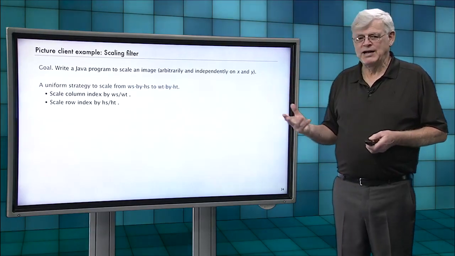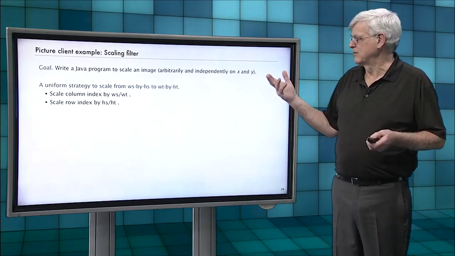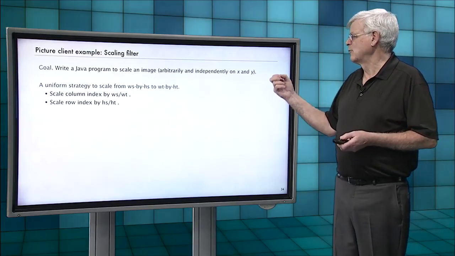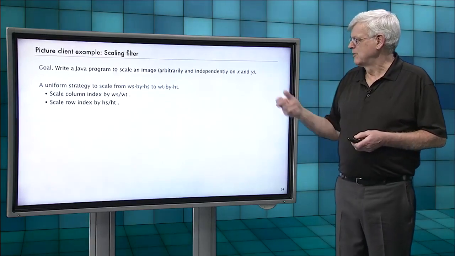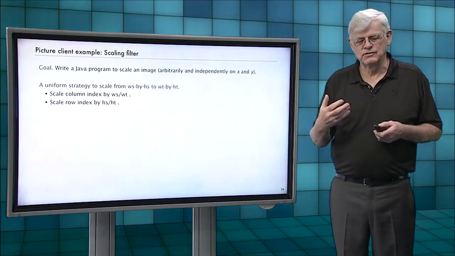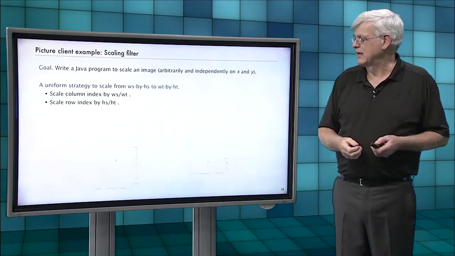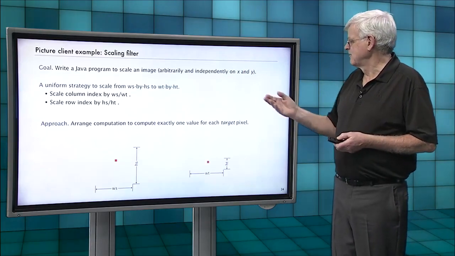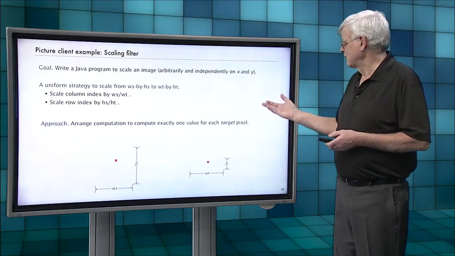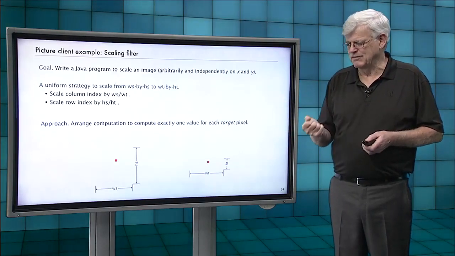And so here's a strategy that will get this scaling done. If we've got our source width by height and our target width by height, what we're going to do is take the ratios of those differences to get ourselves a column and row index. But the key thing is to set up the computation so that we want each target pixel to have a specific value.